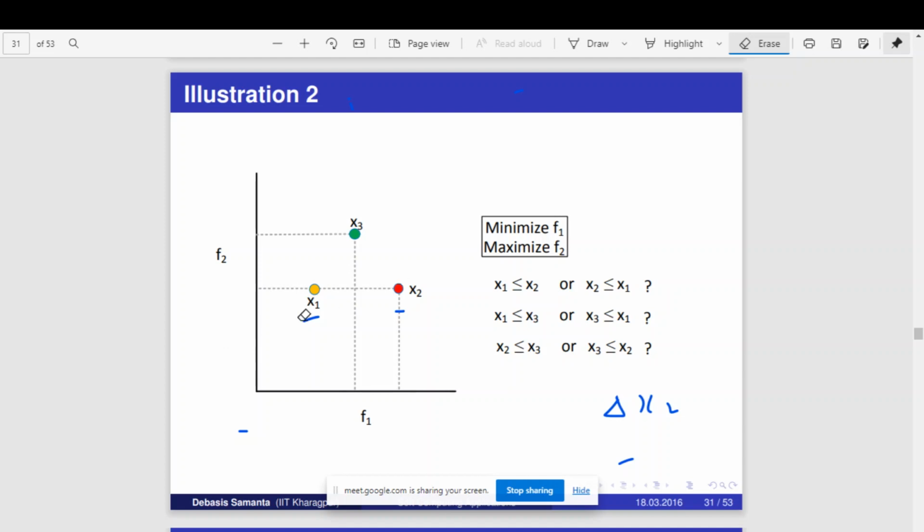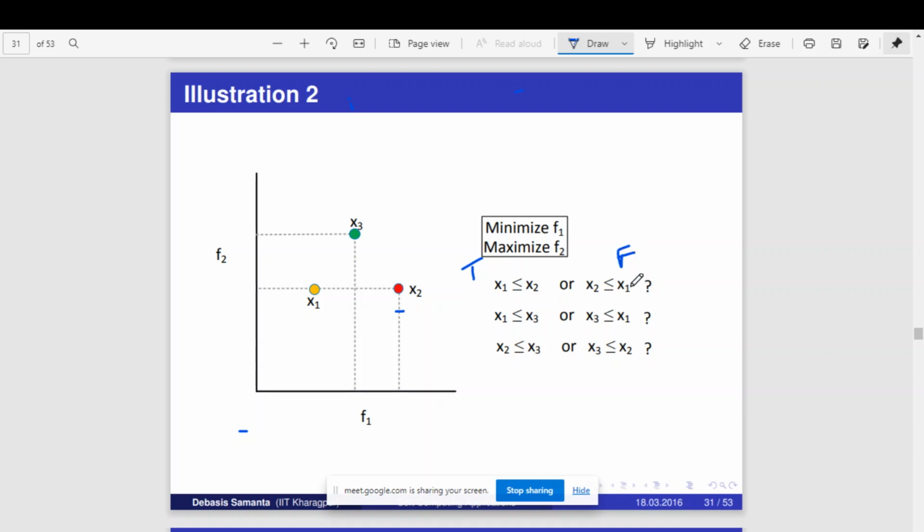Okay. So here there are certain questions asked. Try to answer. It is not with respect to domination, but is x1 less than or equal to x2? Yes, x1 is less than or equal to x2. This is true. Is x2 less than or equal to x1?